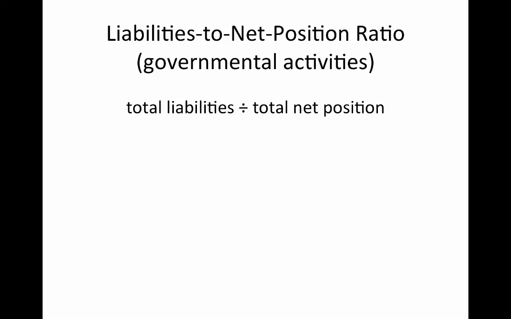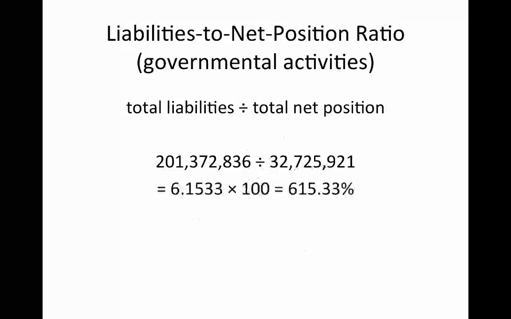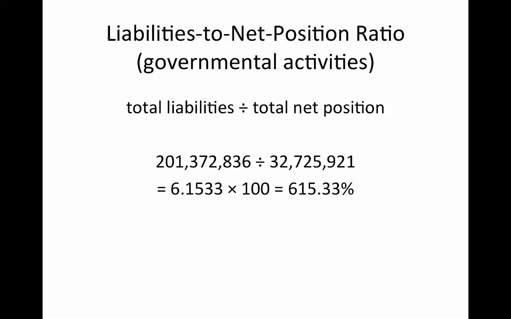The other thing that you would look at for these leverage ratios, with total net position in the denominator instead of total assets, is, again looking at the governmental activities, 615.33%.